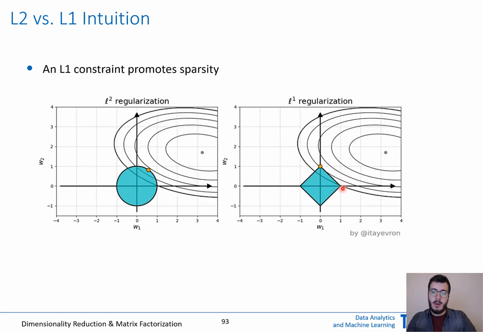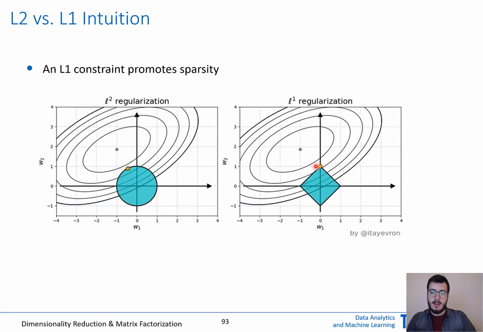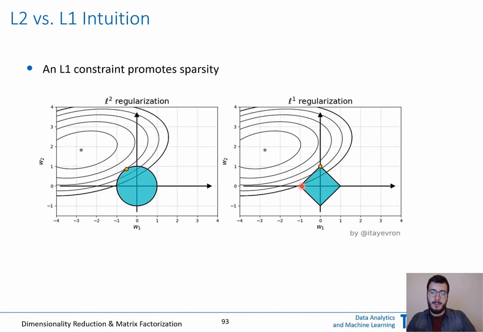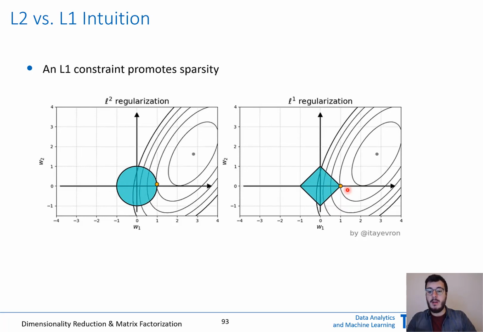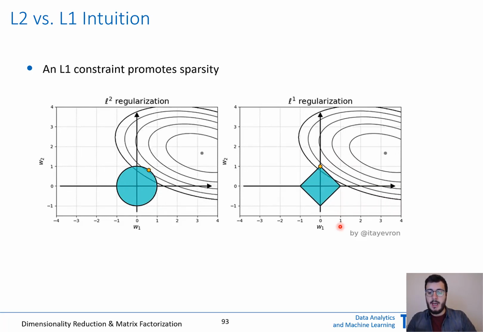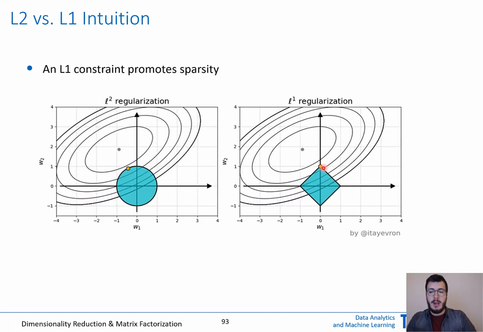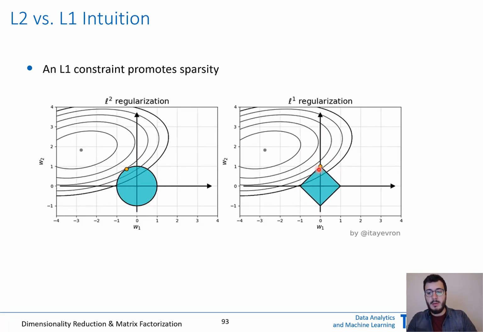Here it's at one of these corners, then it shifts to the upper corner, then it stays there for quite some time, then it shifts down to the other corner. And basically all of these corners are sparse solutions, because at this corner we have a w1 of 1 and a w2 of 0. And at this corner it's the other way around. We have a w1 of 0 and w2 of 1.